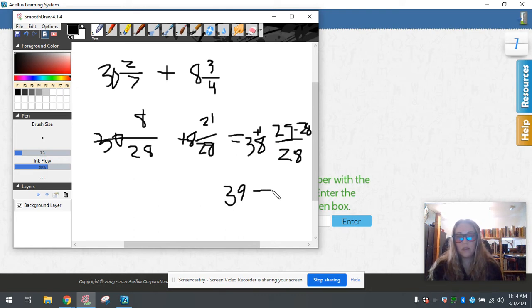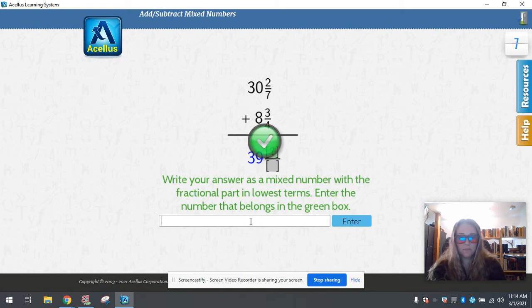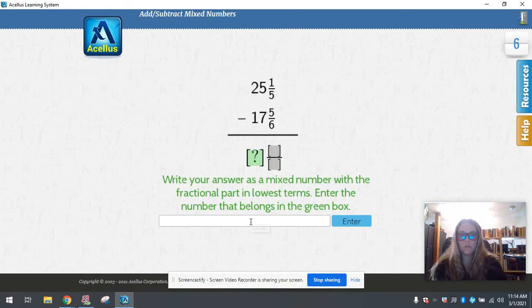And then for my fraction, I've got 29 minus 28 is 1. So I'm left with 39 and 1/28.